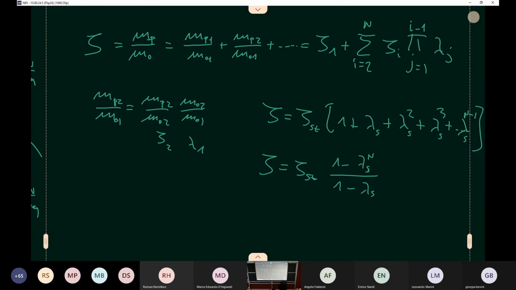And you know that this lambda s to n is exactly the overall lambda. So this becomes zeta, (1 minus lambda) over (1 minus lambda s). We also recall that, by definition of the different ratios, zeta is (1 minus epsilon)(1 minus lambda).